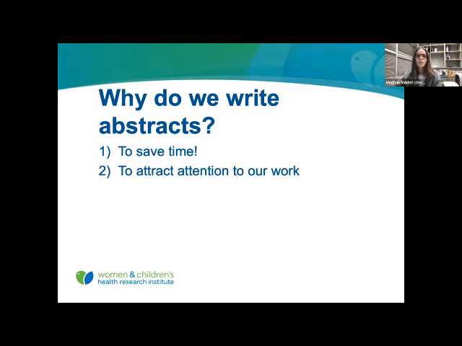We also do it to attract attention to our work. If everybody had to read through a 30-page paper or a 100-page thesis to understand everything, there wouldn't be very much attention. This is a way to gather an audience and to have people decide to delve further into your work, to be excited about what you're doing, and to learn the nuance and the details about it.